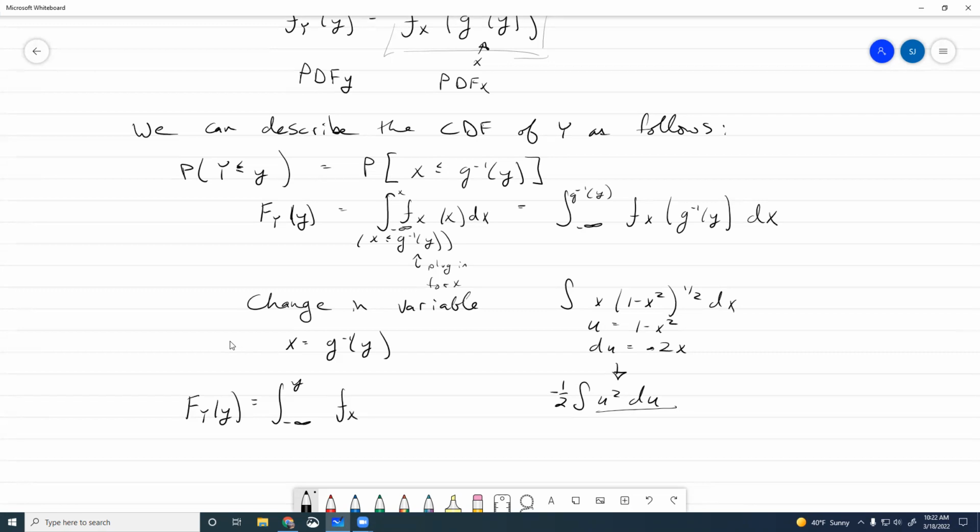We have our PDF of x, in which we plug in that inverse function. And then we have the derivative of it. So that's this du part right here. So now we're just going to take the derivative with respect to y of g inverse of y.